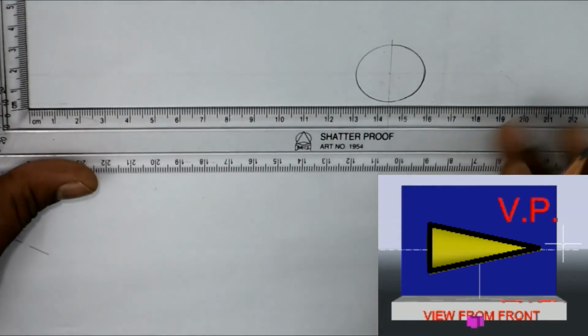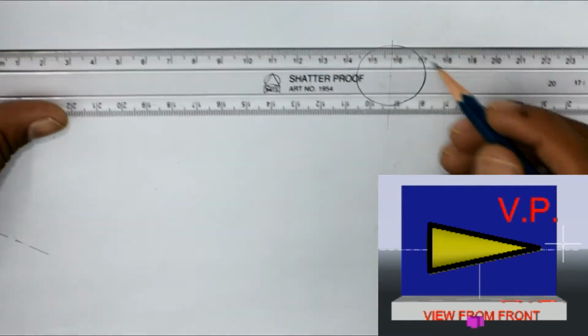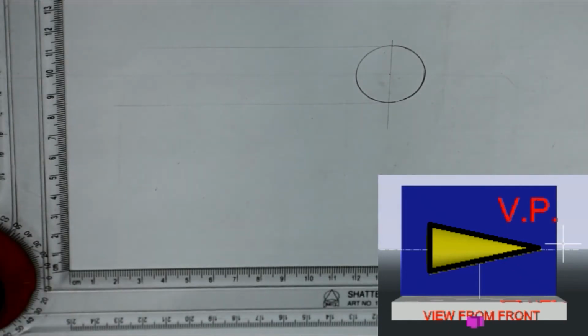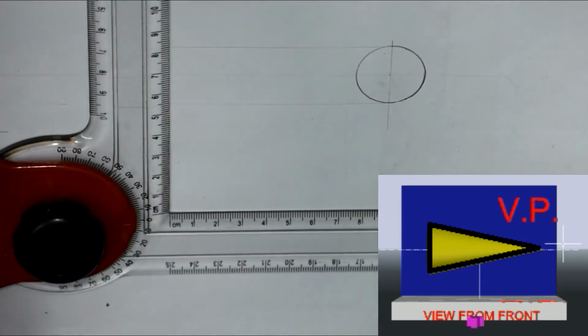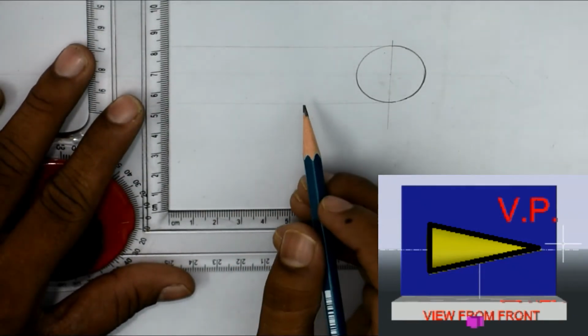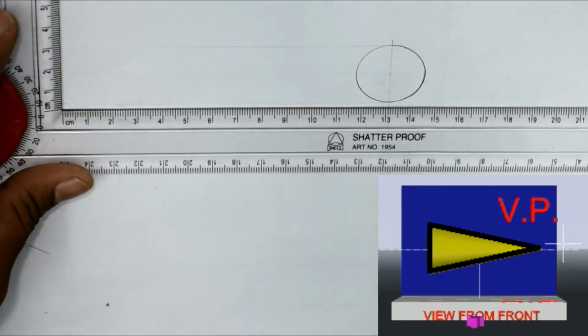Now to get the front view, I will just project this line to get the front view. And now I can easily complete this front view.